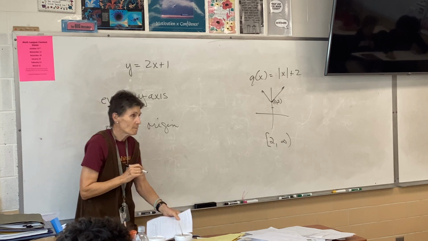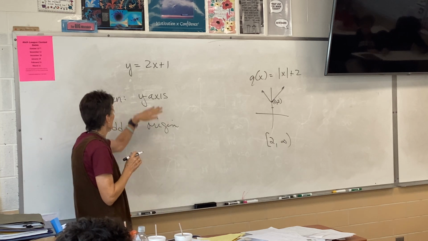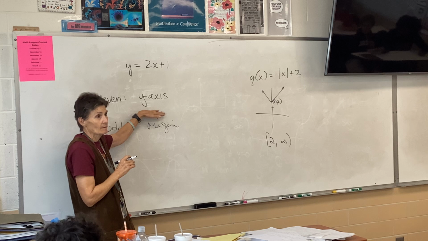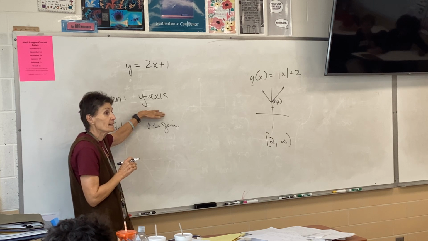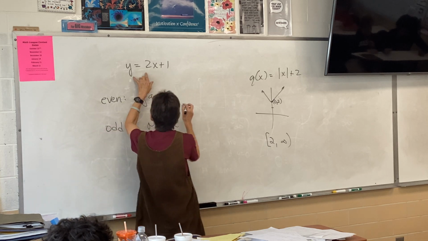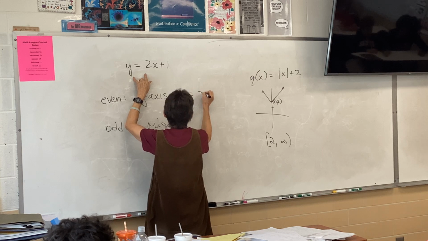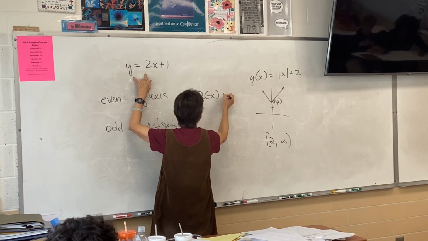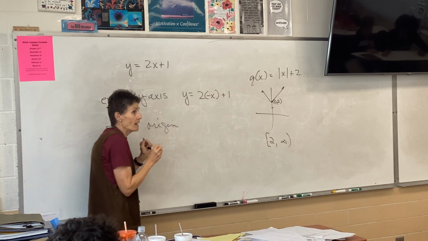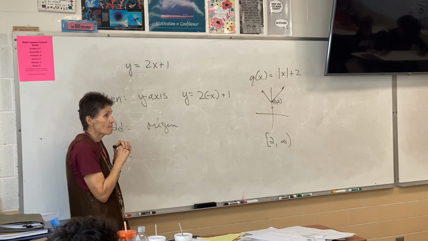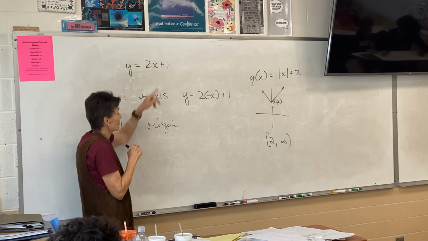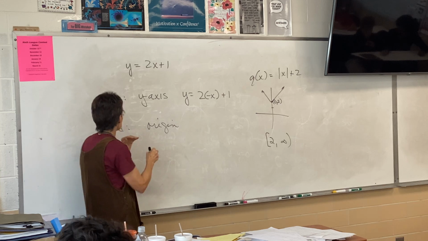All right, so who remembers the test for y-axis? Plug in a negative for x. So if I come up here and plug in a negative for x, am I going to get the same equation as the original? No. So it's not even.